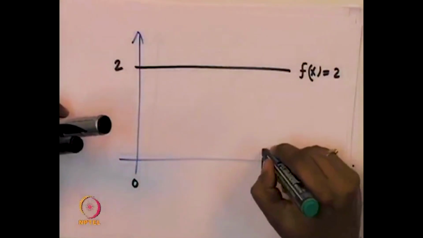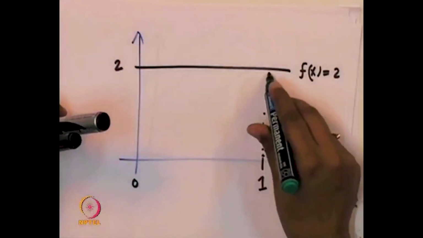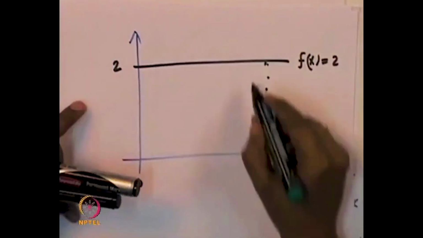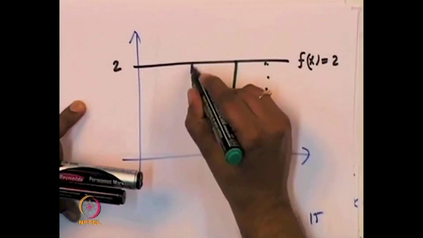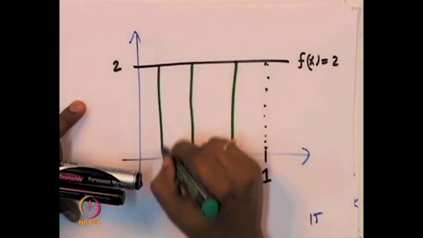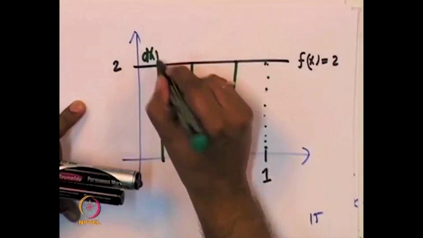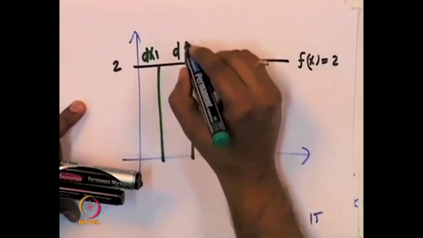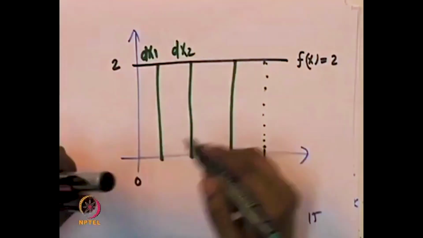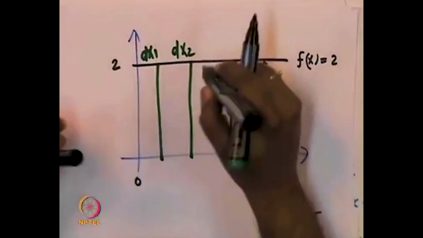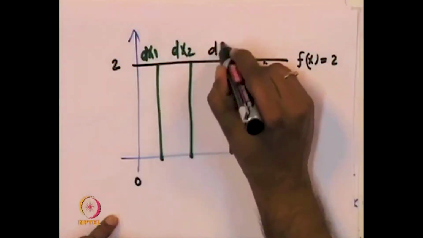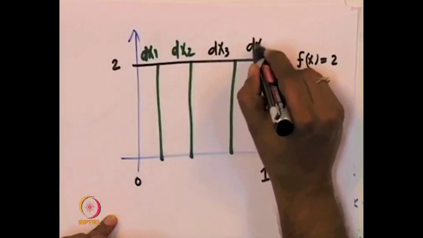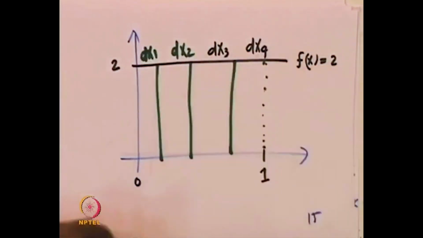This is the point at 1. So this is one box, dx1, dx2, dx3, dx4. dx1, dx2 are intervals.